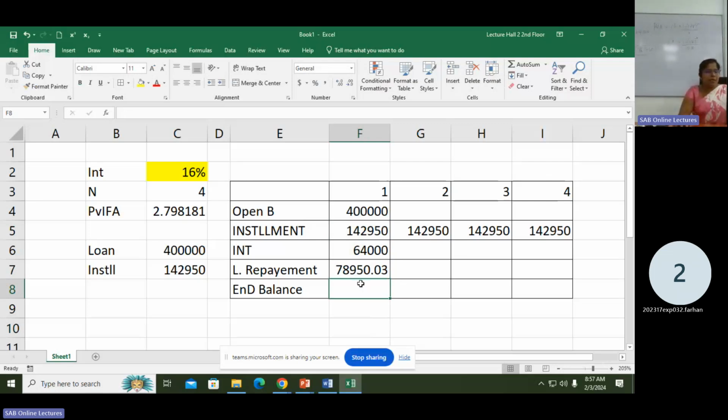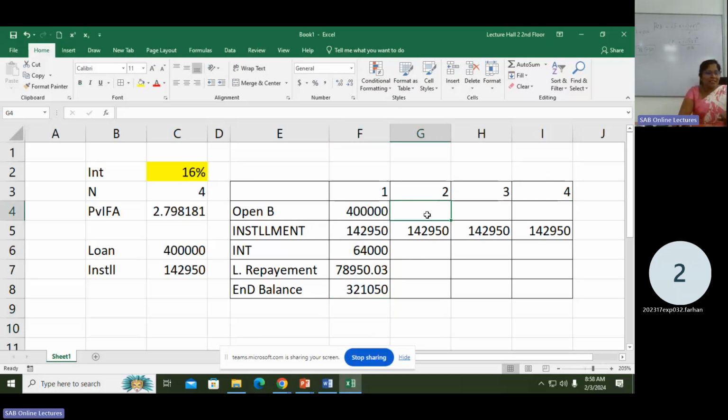Then your ending balance at the end of year 1 is 400,000 minus repayment of the period, 321,050. That is the outstanding balance of your loan at the end of year 1.